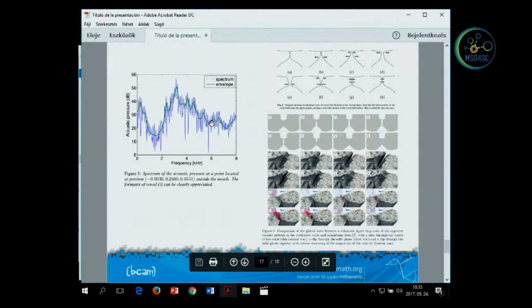So for the vowel E, we were able to capture the first three formants of the vowel, and this was a good result, not done before with a unified approach. And as I said, the glottal wave in the contact has also been captured.